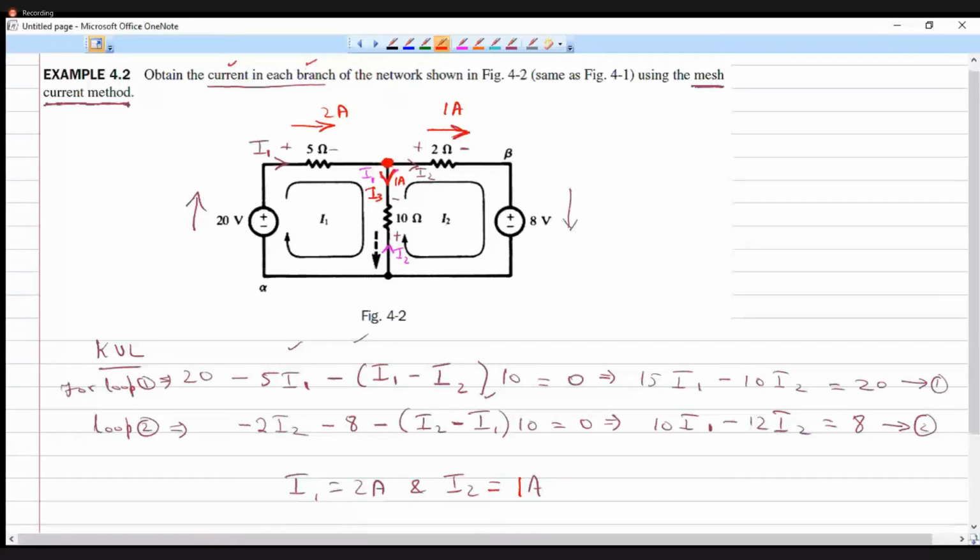So we have 3 branches. So write the final answer: I3 is equal to 1 ampere. Hope that is clear on how to use the mesh current method. It is nothing but the application of Kirchhoff's voltage rule.